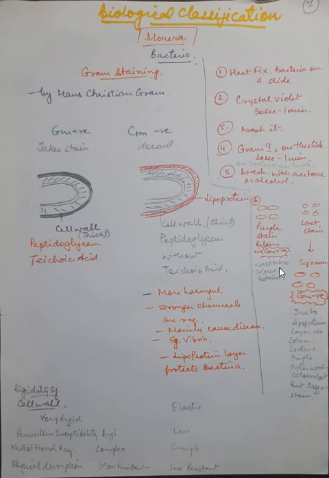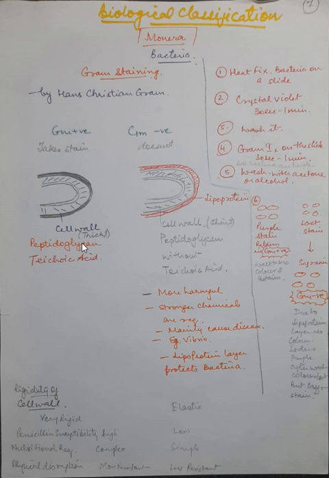I would like to tell you one more thing over here: why does this color retain in gram positive? Because there is a cell wall made up of peptidoglycan, and in gram positive there is no other layer covering this peptidoglycan layer, whereas in gram negative, this peptidoglycan layer has a cover of lipoprotein.